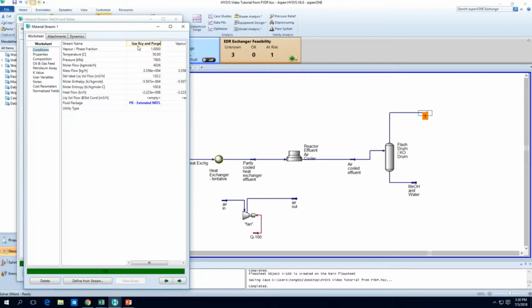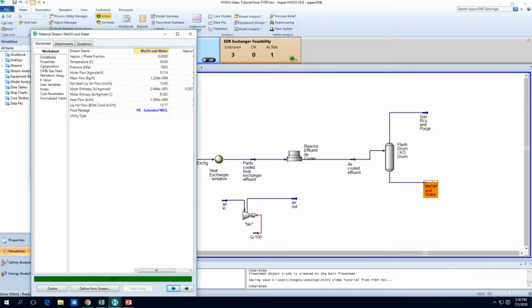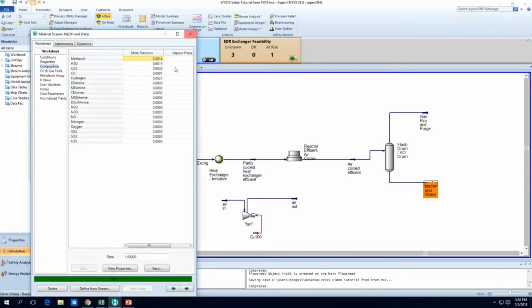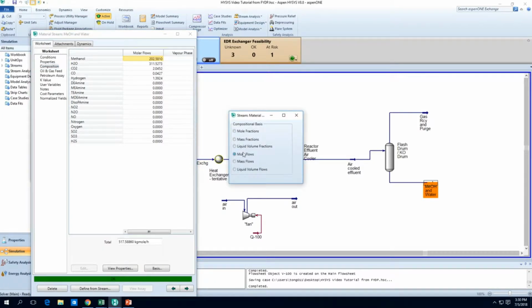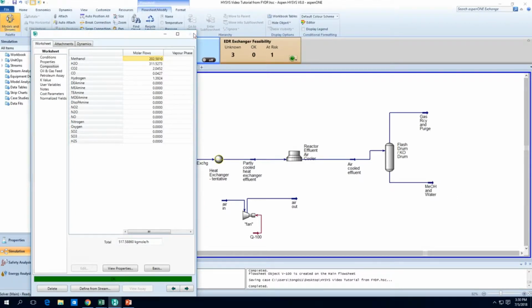The gas recycle and purge will be coming out the top. The methanol and water stream will be sent to the distillation column. And you can find that there is just a little bit of CO2 and hydrogen dissolved due to the high pressure, but that's fine, we can get that out later.